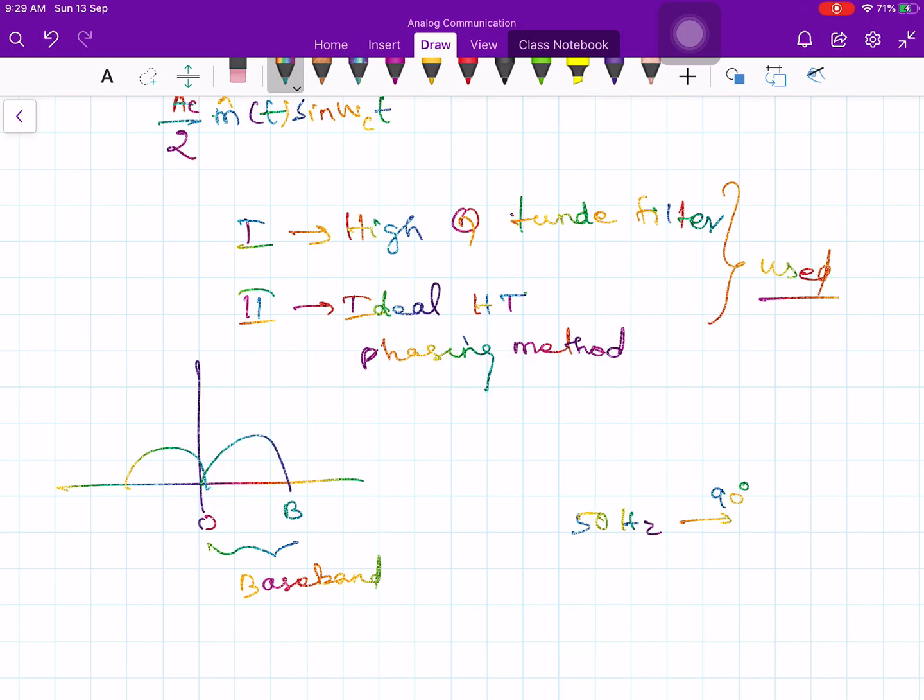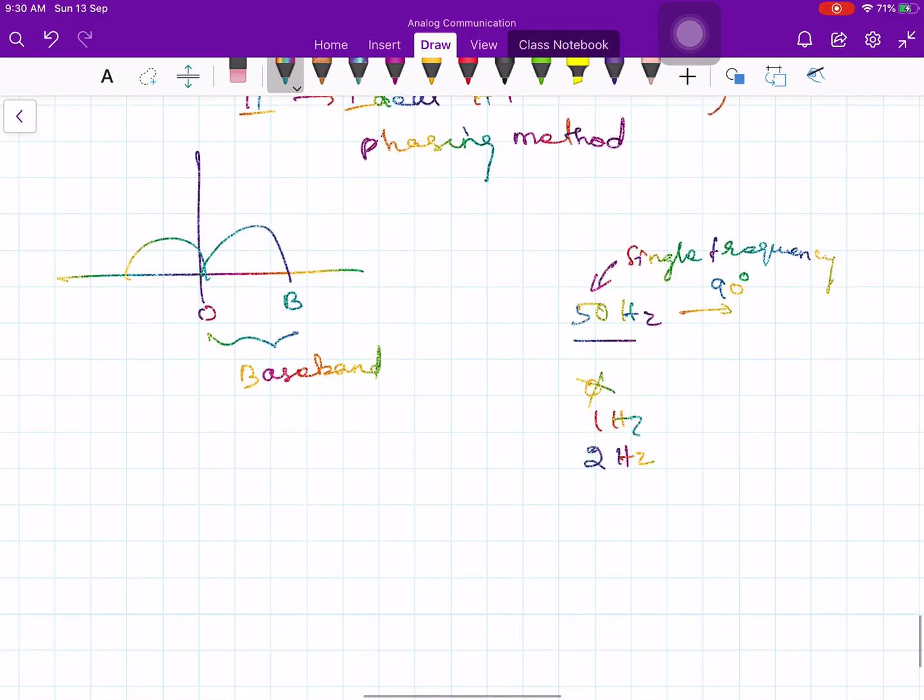But what we are saying is, we want to introduce a 90 degree phase shift not only for a single frequency, but for a band of frequencies, 1 hertz, 2 hertz, 3 hertz and so on up to B hertz. For all these frequencies, I need a constant 90 degree phase shift.